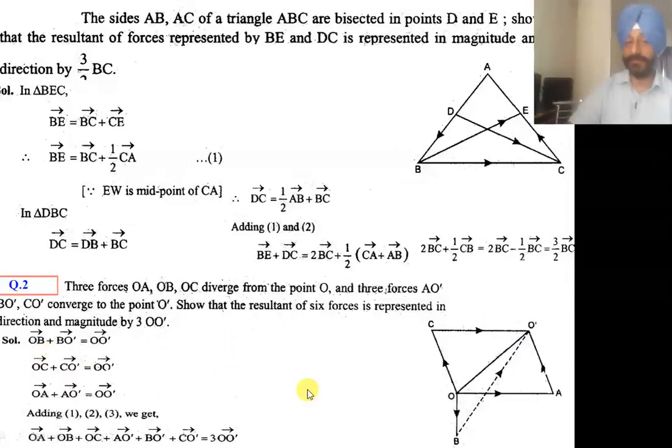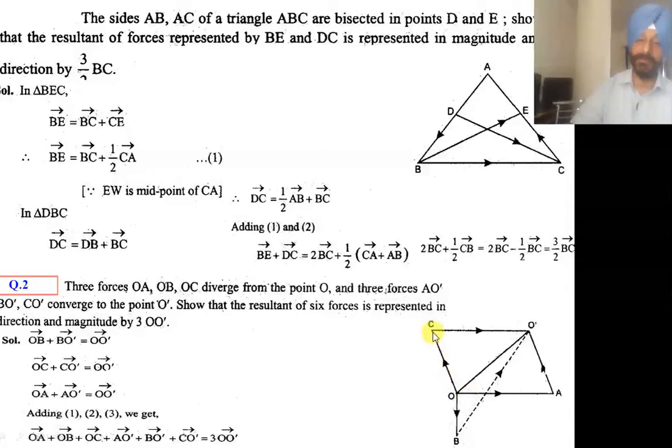So first, OB plus BO dash is equal to OO dash. This is a simple result which we have already proved in the first question.